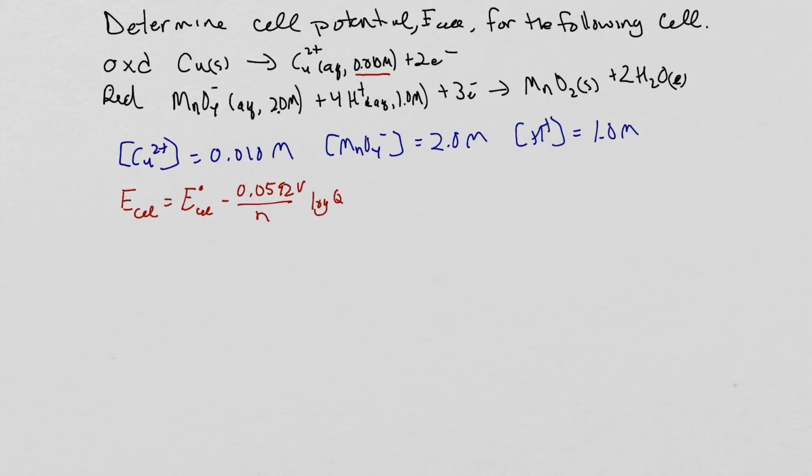In order to solve this problem, of course, we have to get our cell potential. So we don't know what the cell potential is, so we're going to have to calculate that. We have to figure out what N is, and of course, we have to calculate Q.